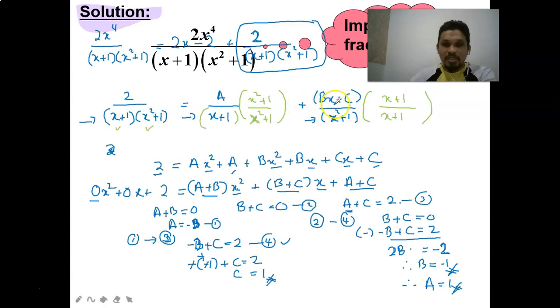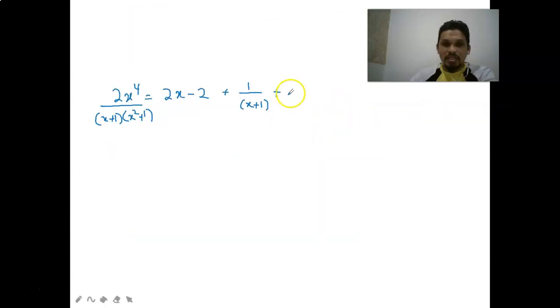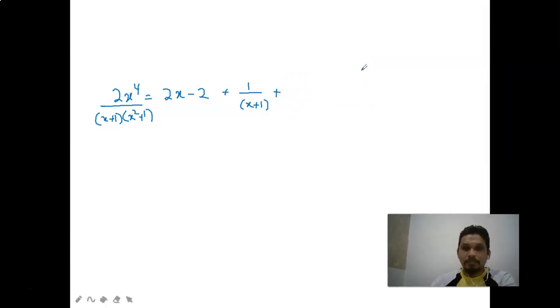So then negative x plus 1 divided by x squared plus 1. Okay, so that's it.